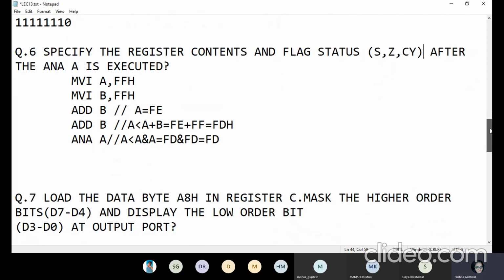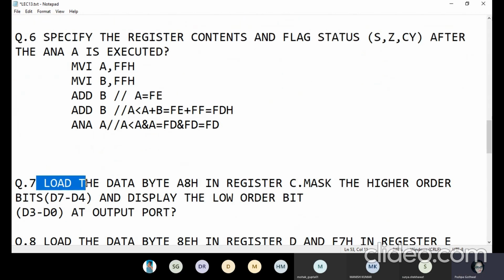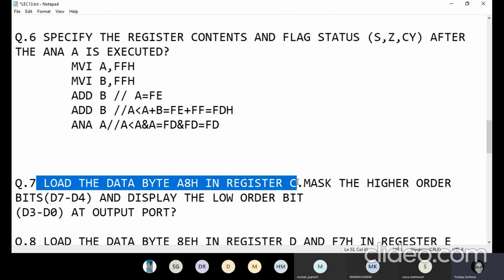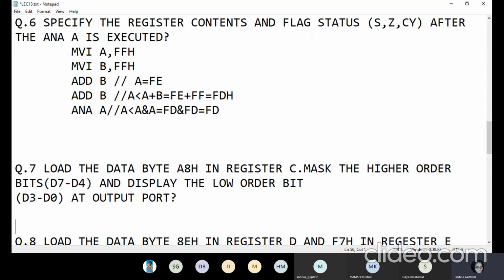Always remember this thing. Now the next question is: load the data byte A8H in register C. So first, you have to load A8 in register C. Then mask the higher bits. Assume it is A8; if we write this in terms of D7, D6, D5, D4, D3, D2, D1 and D0, this is called the lower nibble and this is the higher nibble.